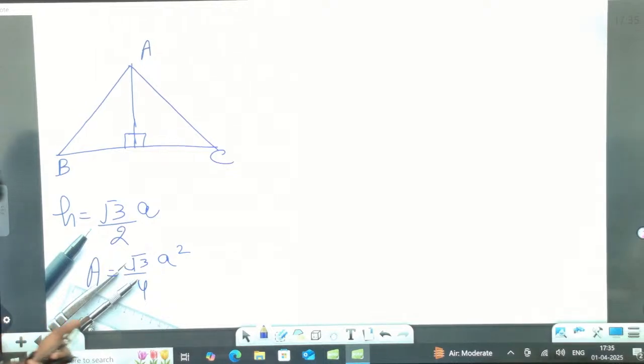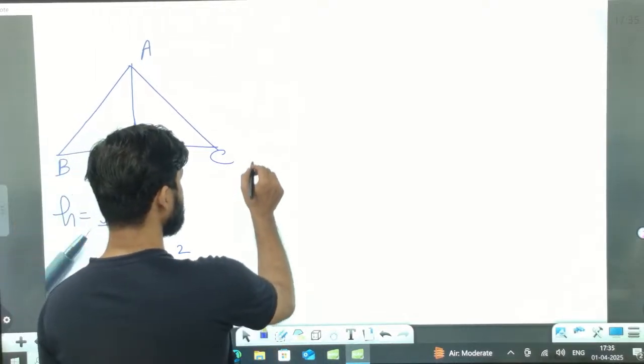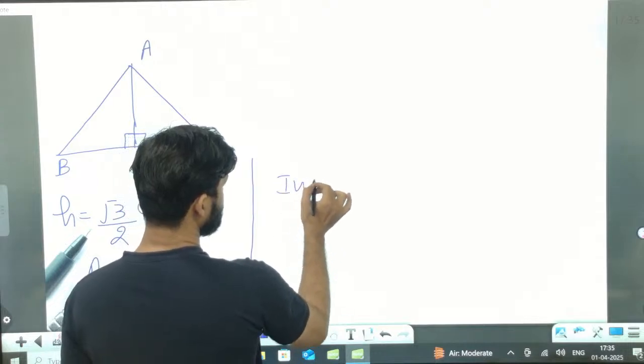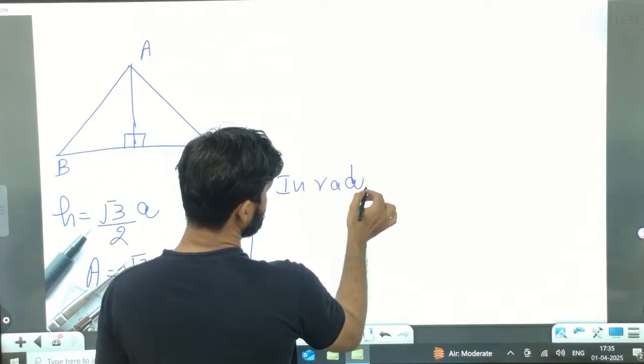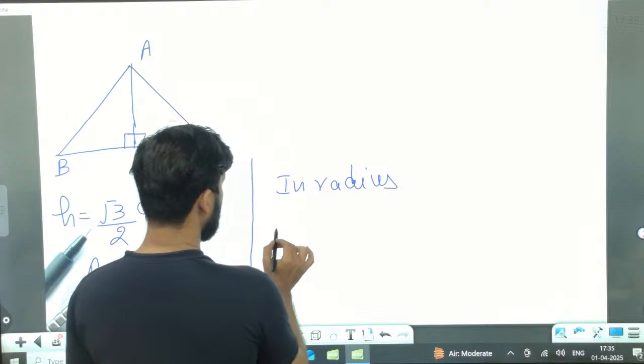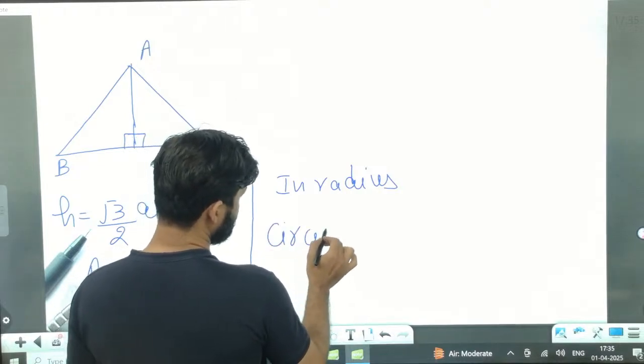So write in radius and write circumradius also.